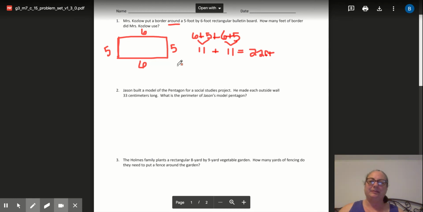So, Mrs. Gonslow, write our sentence. Mrs. Gonslow uses 22 feet of border.